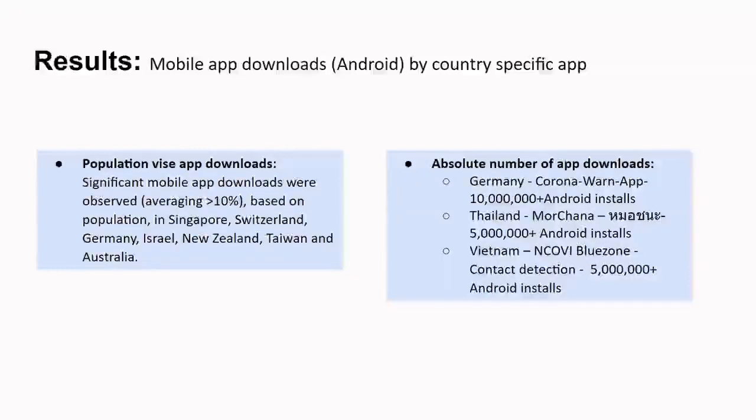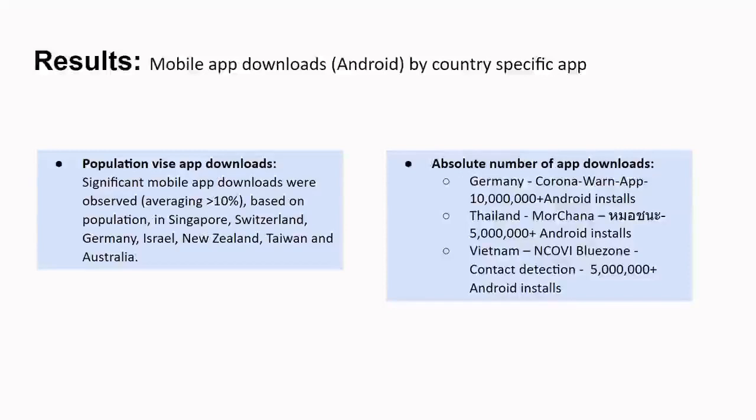Although we talk a lot about mobile applications, we found out that only around 10%, or a little about 10%, of the population was actually using the app. That was based on the statistics that we found from the Google App Store.